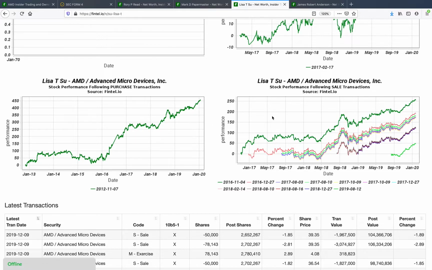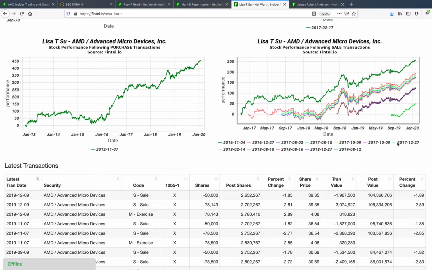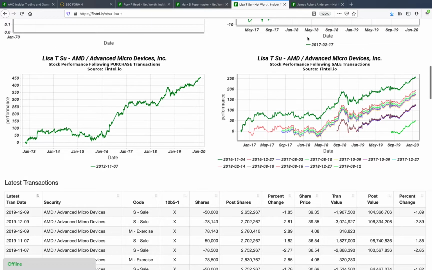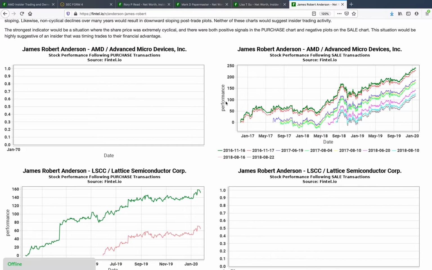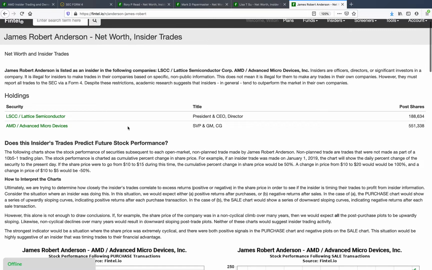She's made a number of sale transactions, but like with Mark's, all of those trades have pretty much gone up in the weeks and years following. So it's hard to draw any conclusions about what she's doing here. And then we have another insider, James Anderson, who is listed as an insider at Lattice Semiconductor and AMD.